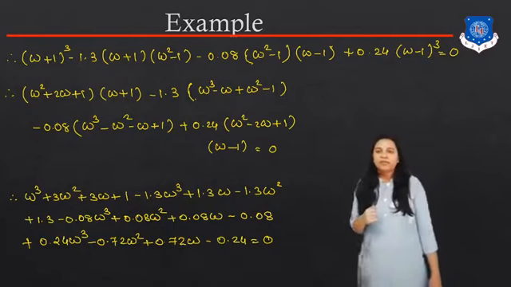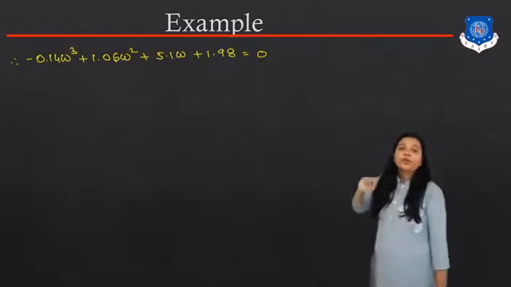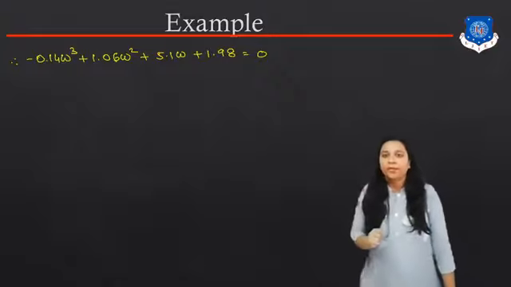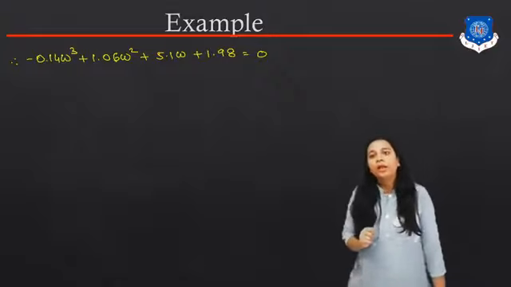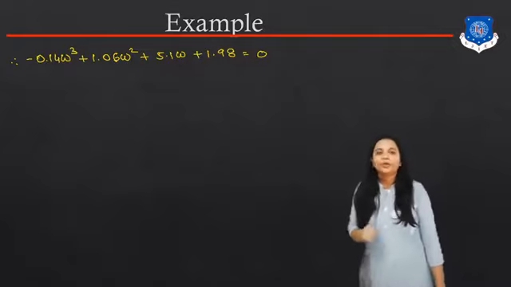After the last simplification we get minus 0.14 omega cube plus 1.06 omega square plus 5.1 omega plus 1.98, equal to 0.